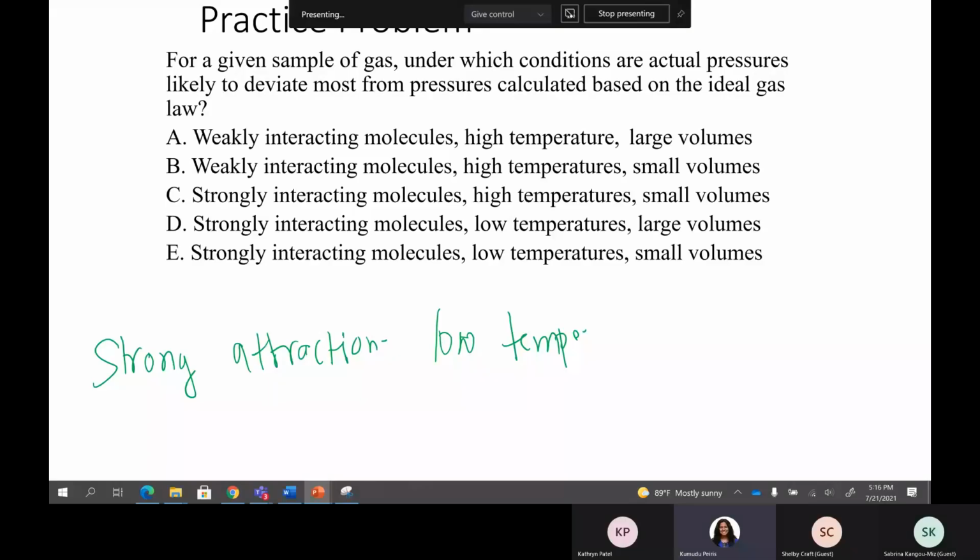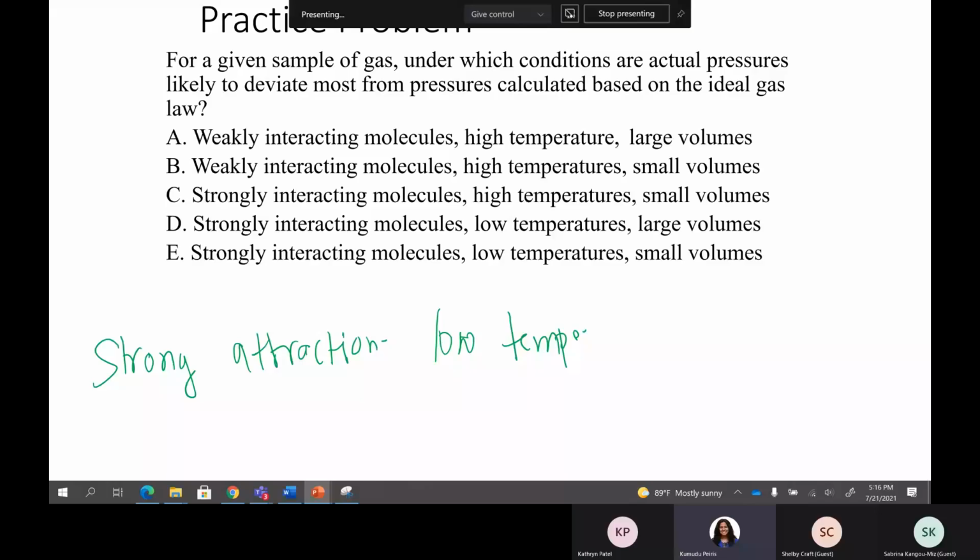And the larger volume and the small volumes. What would happen in a small volume? Yes, the molecules are closer, so they'll not go and hit the walls.